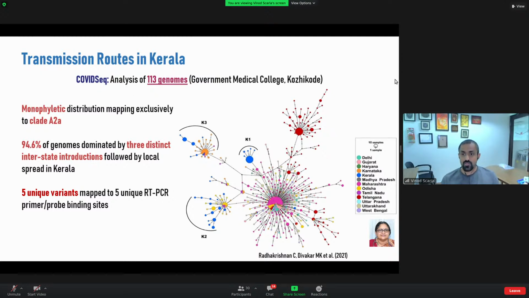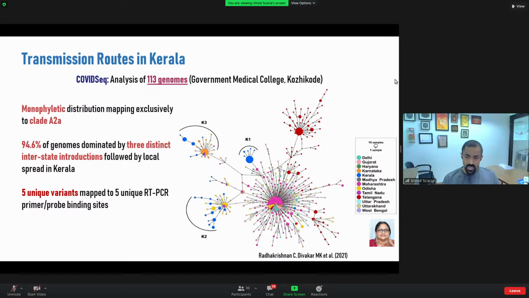In other words, this is an application of genomics where you can sort of validate the policy of quarantine, which essentially says that the largest proportion of genomes in the state of Kerala did not come from international travelers, but actually came from travelers who stepped across state boundaries.